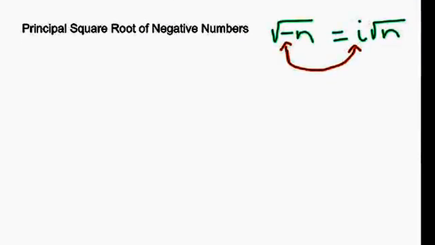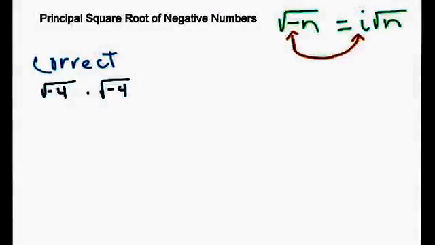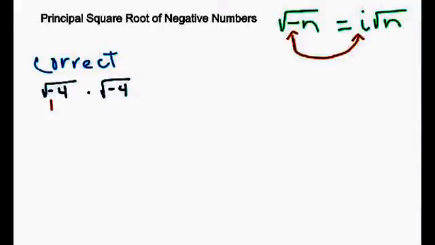Well, the correct way to work the following problem: the square root of negative 4 times the square root of negative 4. The principal square root of negative numbers says that before we start combining anything, we've got to get rid of the negatives underneath the radical signs.